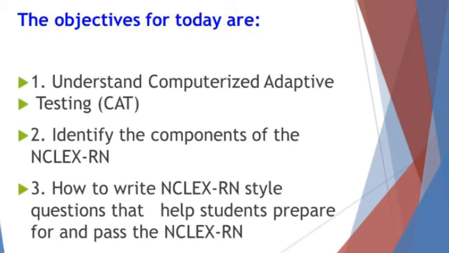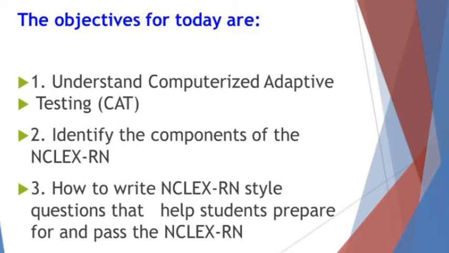so they can get on to practice. So the objectives today for this deep dive are that you will have an understanding of what computerized adaptive testing is, also known as CAT. The second objective is that we will identify the different components of the NCLEX-RN so that we can make sure, once again, that we're including them in our teaching and also in our testing.